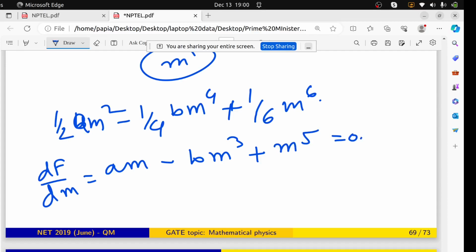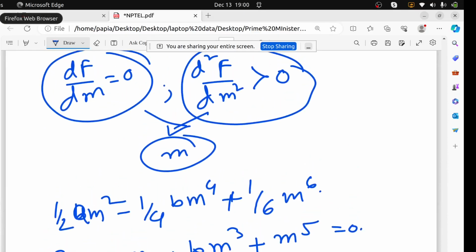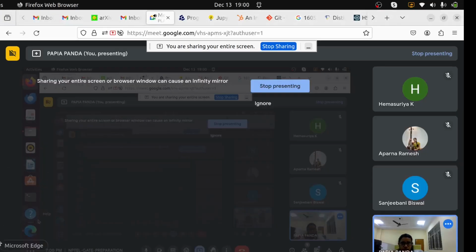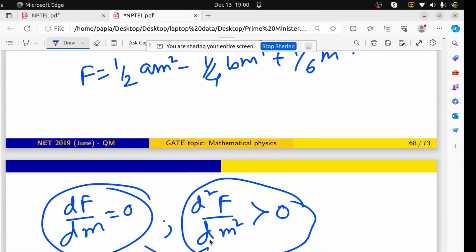Then see, A minus B m square plus m to the power 4 equals to 0. Then there will be the relation from that. Again, d2F/dm2 will be there. Then you can see the value of m, and you have to see which one would be the minimum value of m to satisfy this condition, d2F/dm2 greater than 0.